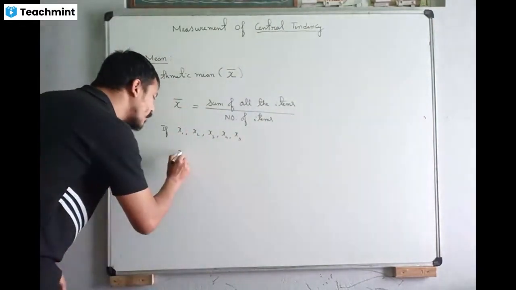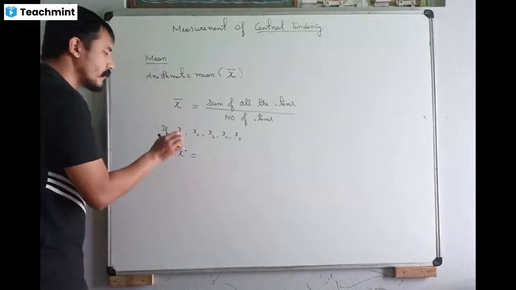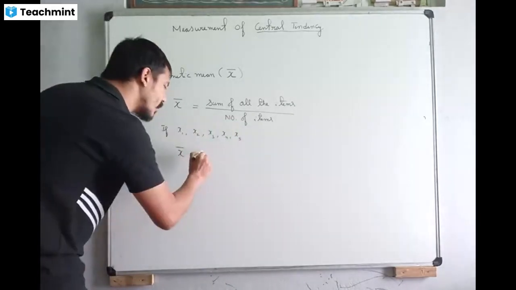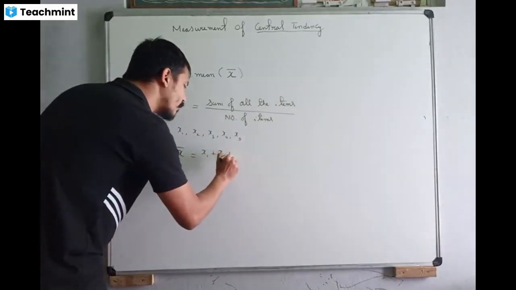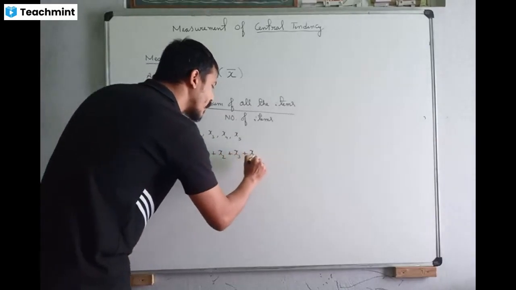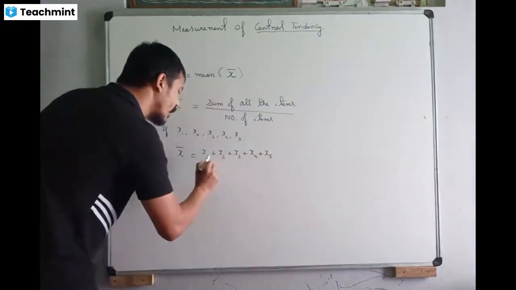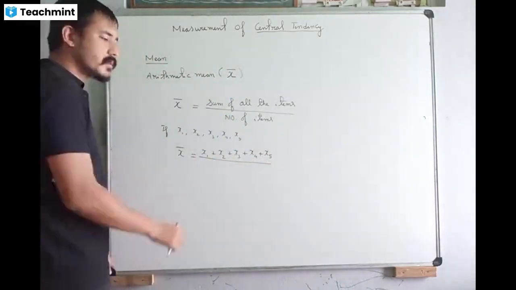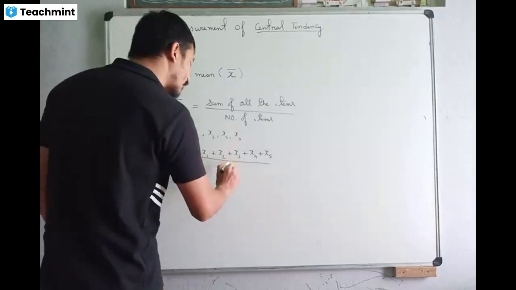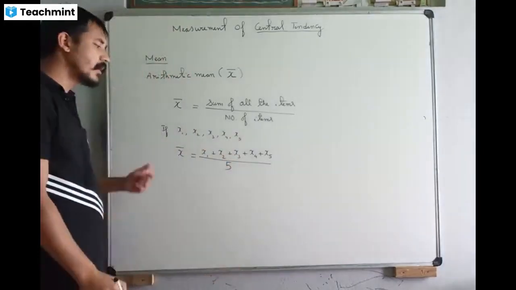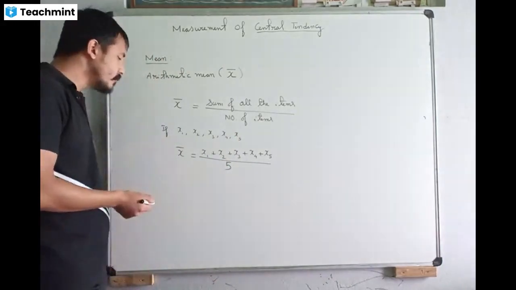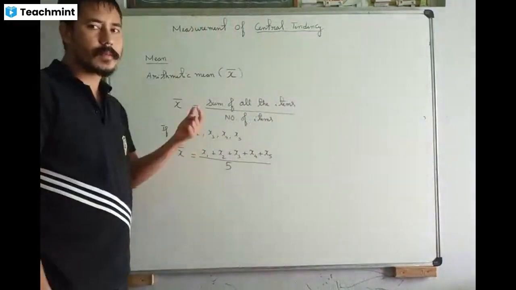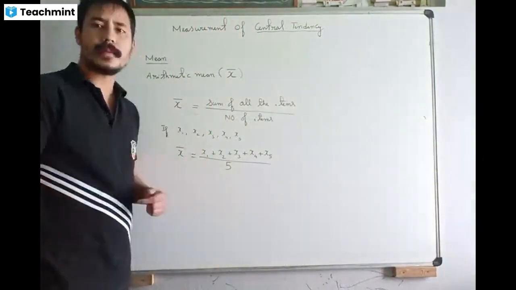Then the arithmetic mean will be given by the sum of all the items in this series, x1 plus x2 plus x3 plus x4 plus x5, and then dividing this total by the number of items, which is 1, 2, 3, 4, and 5. So divided by 5. In any series, there may be 5 given items, 10 given items, or n number of items.